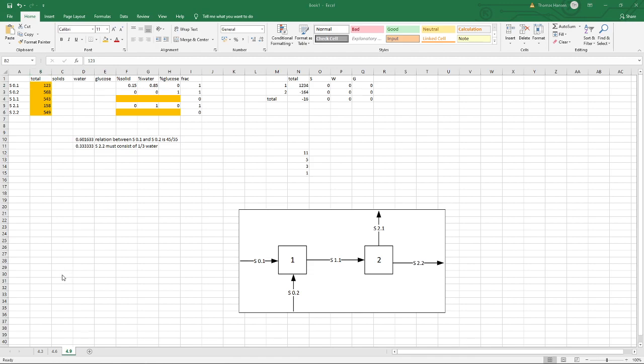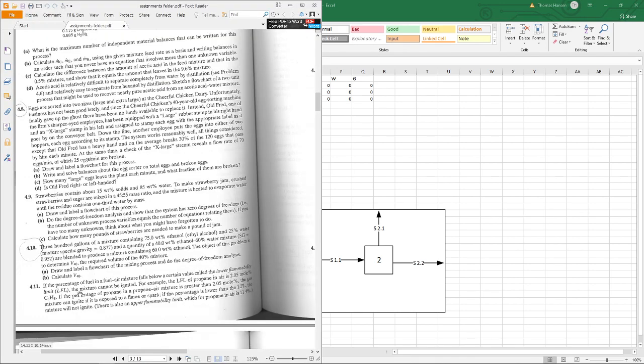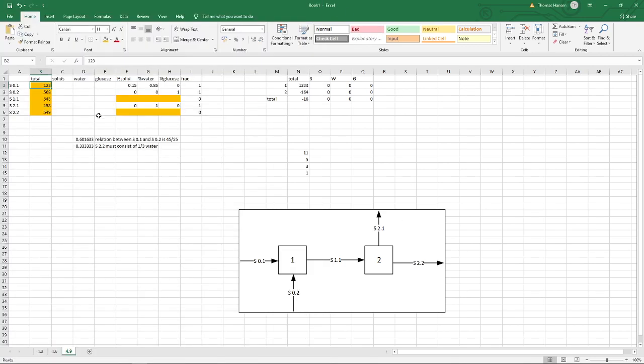So I think in the assignment, it's actually not till part C that we're told a mass that we have to solve for, in this case to make a pound of jam. So if we go to our jam stream 2, let's try and see what happens if we put in a 1 there. Actually, I haven't tried this one, so we don't know if it'll work.